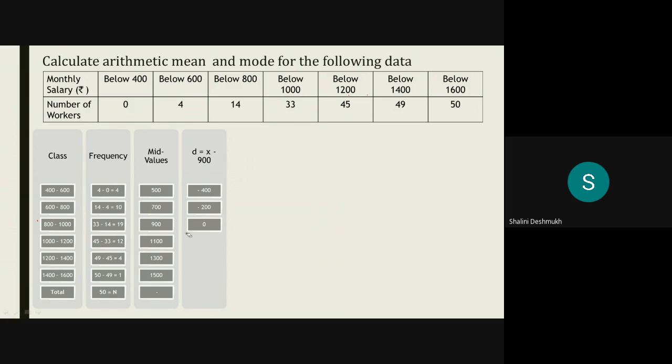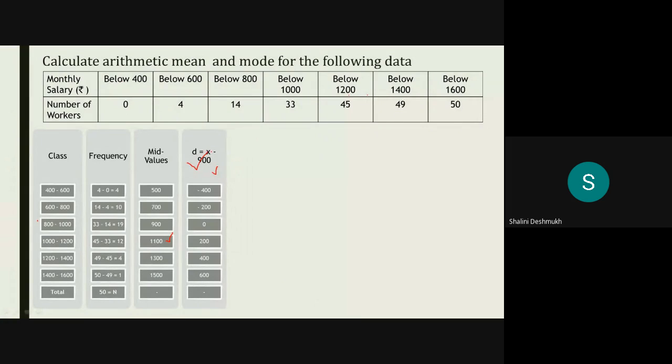The next is 1100 minus 900, so it is 200. Then 1300 minus 900 is 400. And the last one is 600, yes, right, Sanket. We got the values of d.